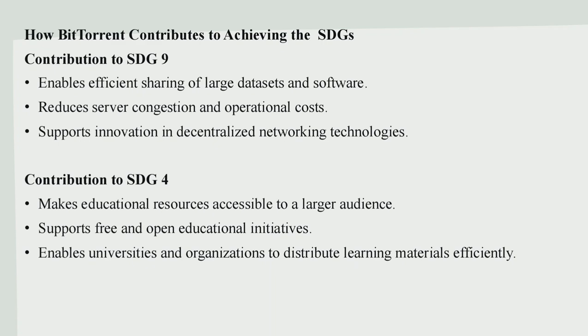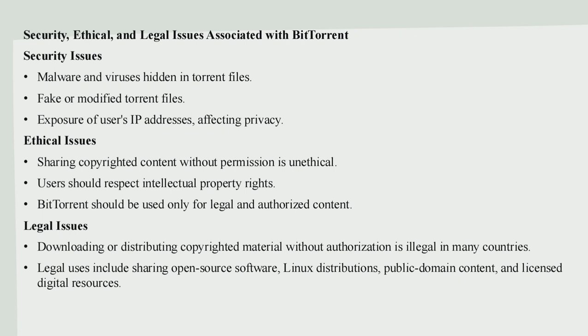A good example is Ubuntu Linux. Ubuntu distributes its operating system through BitTorrent, allowing millions of users to download it while reducing the load on official servers. This demonstrates how BitTorrent supports both innovation and education.